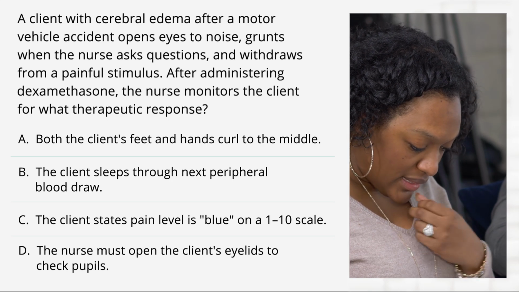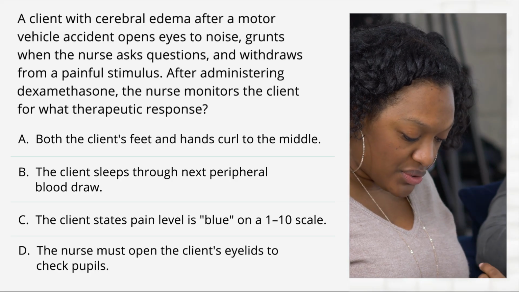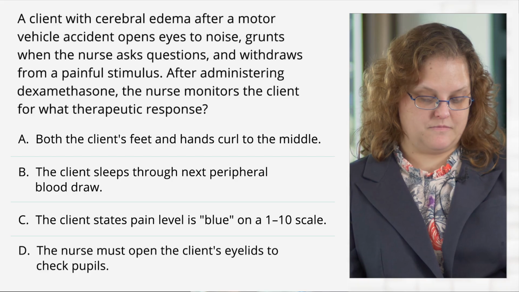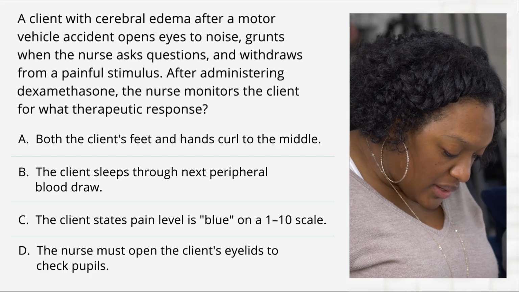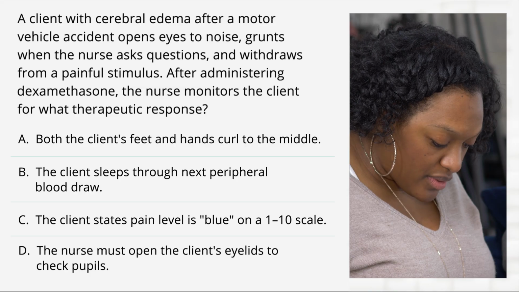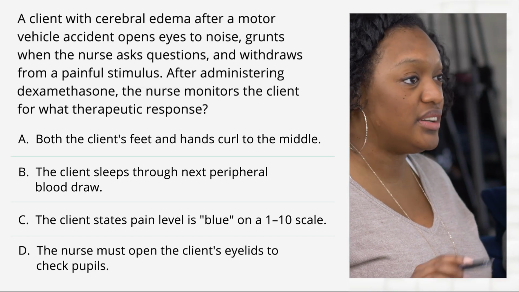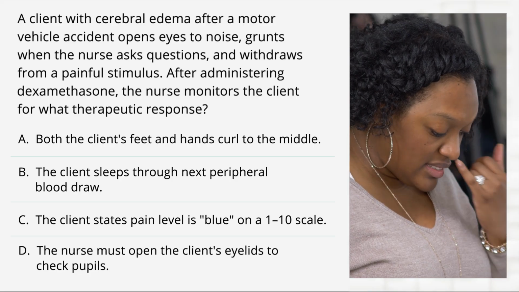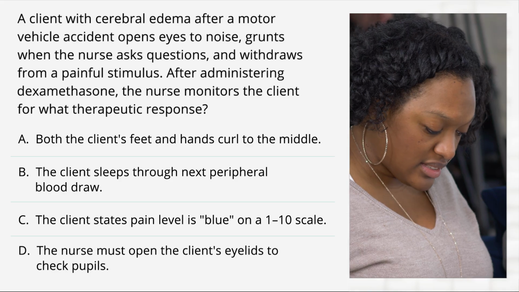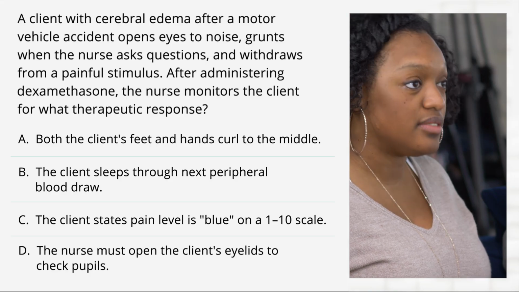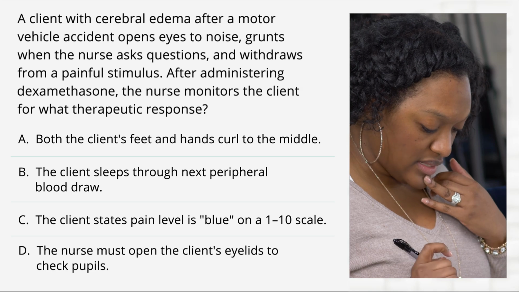So my thinking, initially they were opening their eyes to noise, grunting when asked questions, and withdrawing from a painful stimulus. B and D are kind of the opposite effect of what they were doing initially. And C is opposite, but in a positive way, because instead of grunting now, they're actually verbalizing something. So I'm going to go with C.